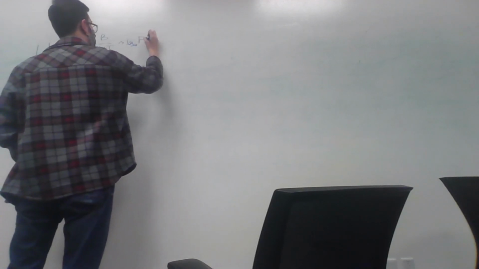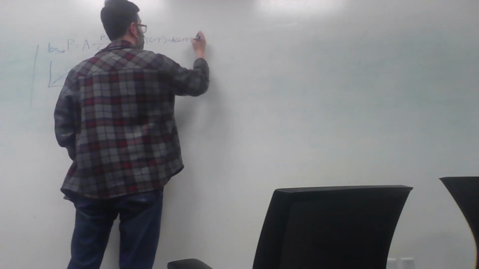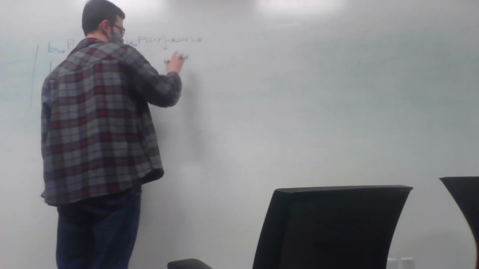That goes to log 10 of P times C plus T equals A times C plus T minus B. Next, I'm going to move down, same thing for row movement.